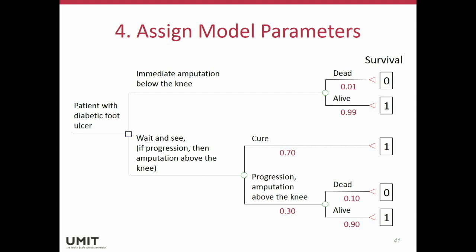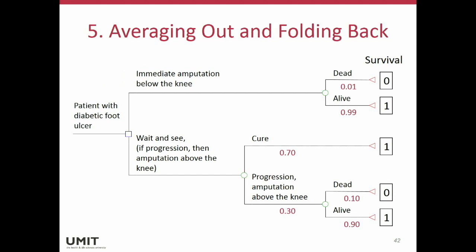How many numbers did we need for that very simple model, not looking at quality of life yet? 3 numbers, right? It's the mortality of each of the amputations and the cure. So that's what you said before. And somebody said, and then I would need the weighting of the quality of life, and we do that later. So that gives us then 2 more numbers, because we have 2 quality of lives after the amputations.